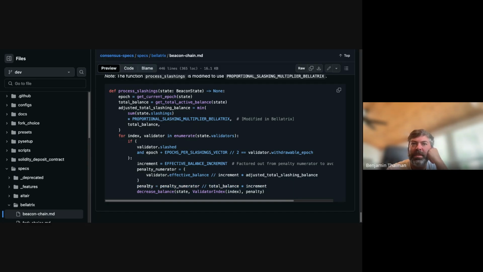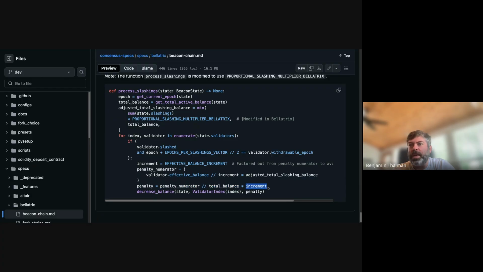So here, the penalty is penalty numerator, which is calculated here, floor division total balance, multiplied by increment. It's here where you take that penalty numerator and divide through by total balance that you get the proportion. You get that 5%. When you want to translate the balance of the validators committing a slashable offense to a percentage, that's basically what's happening in this line here.